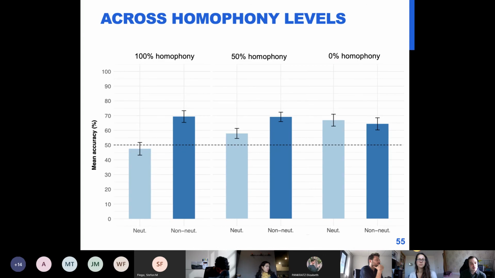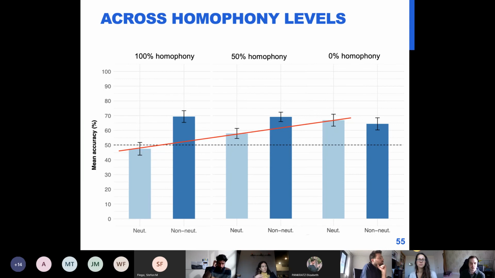Okay. We didn't design the study to look systematically at the amount of homophony in a linear way. But if you put all of the results together, we had 3 different amounts of homophony here, ranging from 100% to 50% to 0%. And you can see this steady pattern, where when there's no homophony, people do okay at the neutralizing rules.